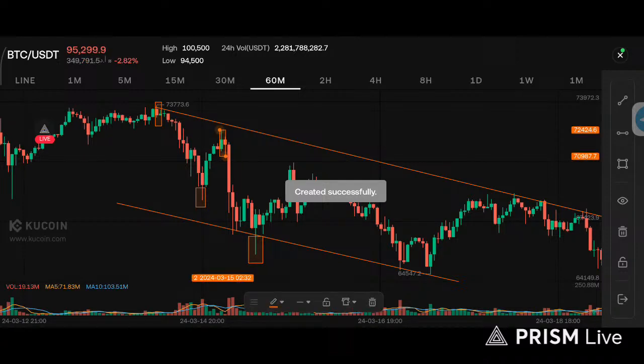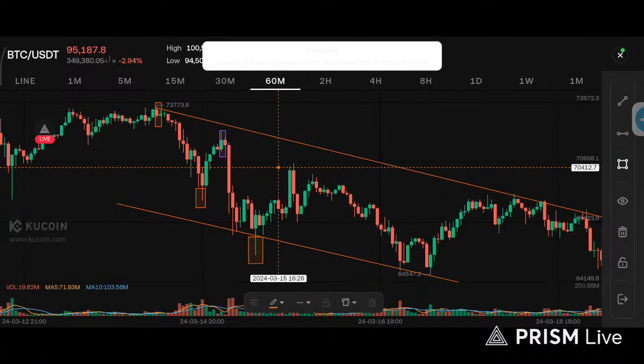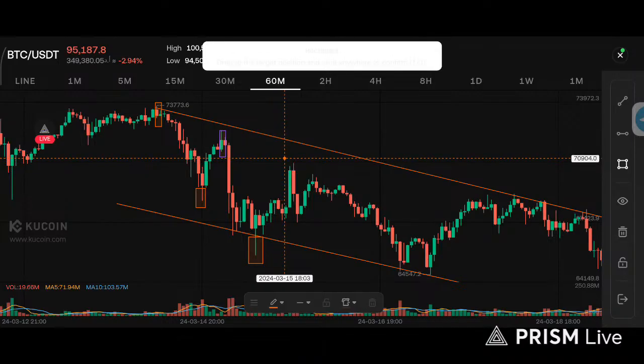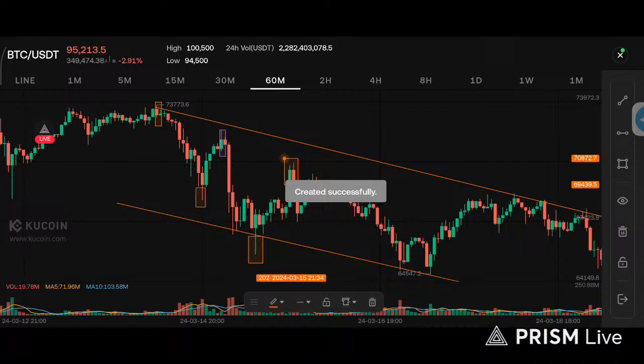The one with orange is what we call our lower low, and the one with purple is what we call our lower high.